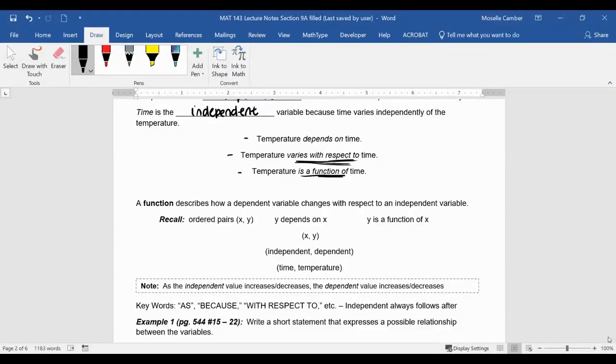But when we're talking about just a generic function, we use x and y, where x is going to be your independent and y is going to be your dependent. And when you put it in an ordered pair, you always put the independent first because that is going to determine your dependent at the end.